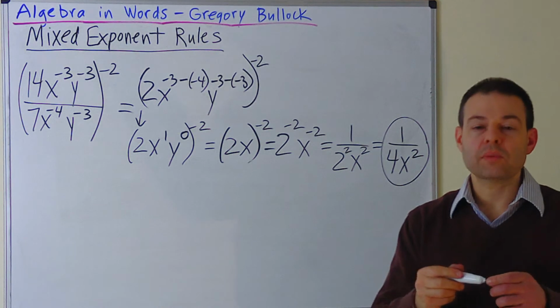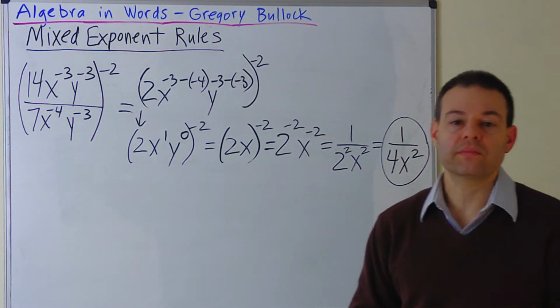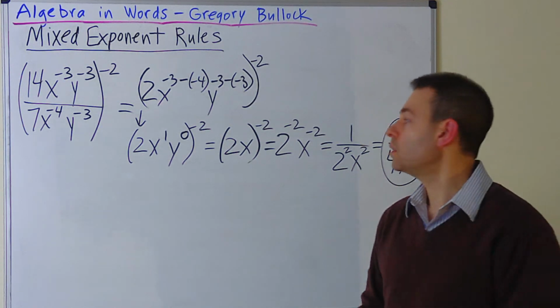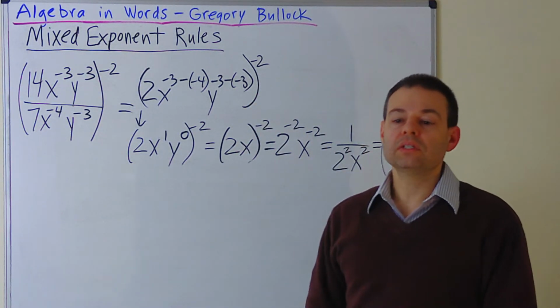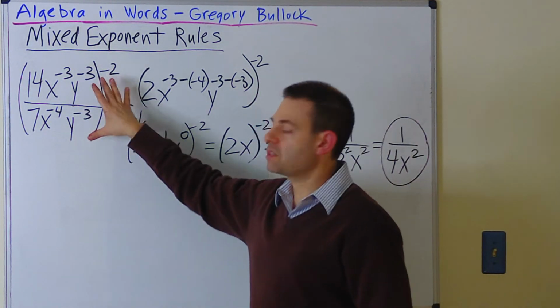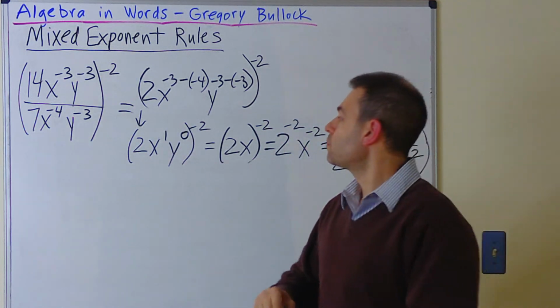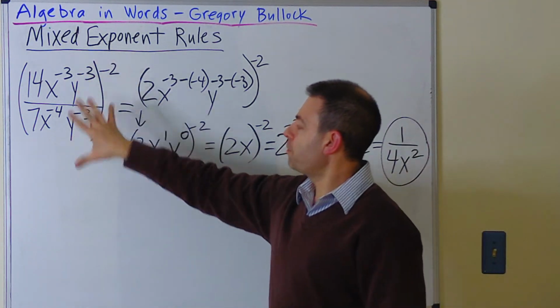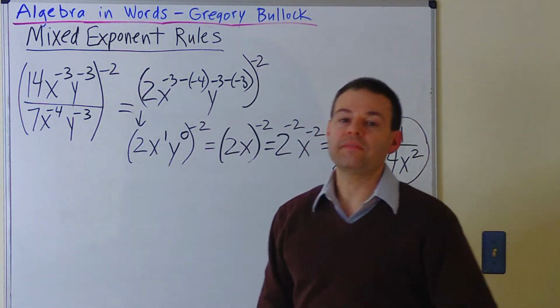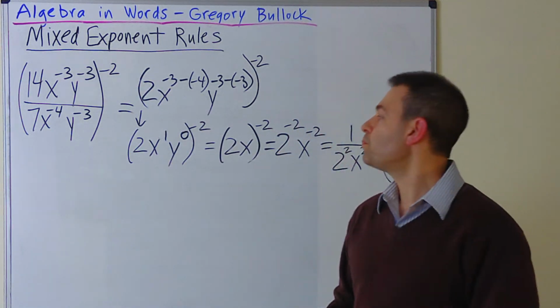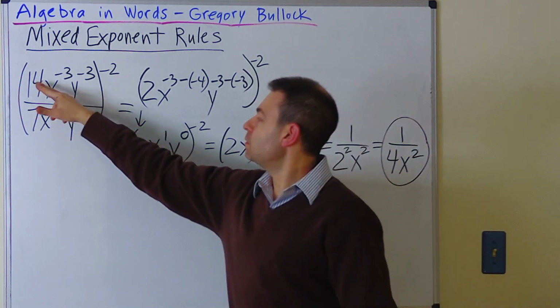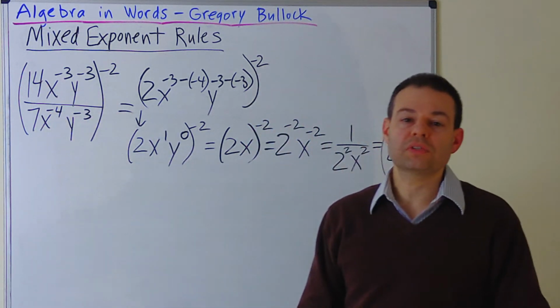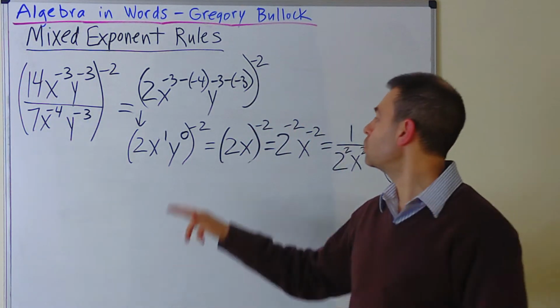Okay, so to summarize what we did, I just want to give a quick overview of the steps that we did. We have a rational expression, meaning basically a fraction with variables. The whole thing's in parentheses raised to a negative exponent. So what did we do? We simplified inside first. We reduced the coefficients 14 over 7 and made that 2.